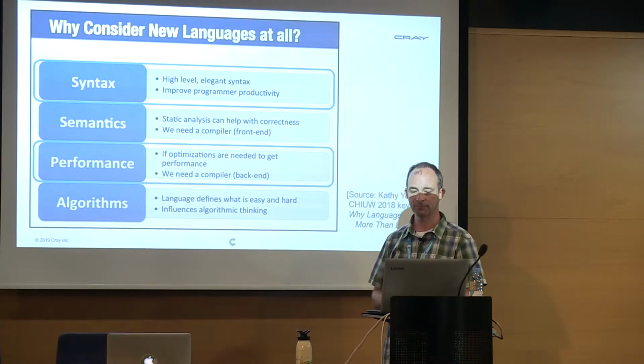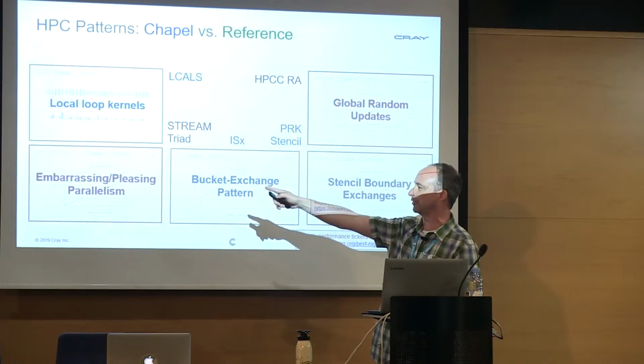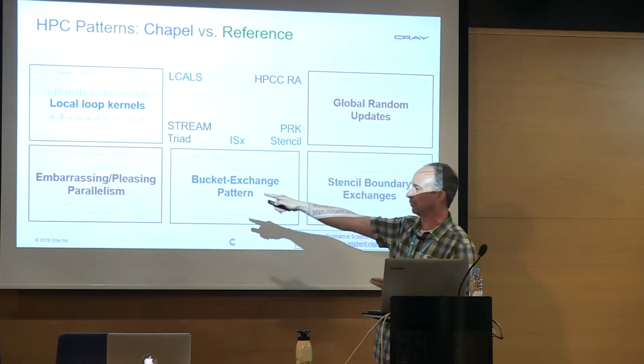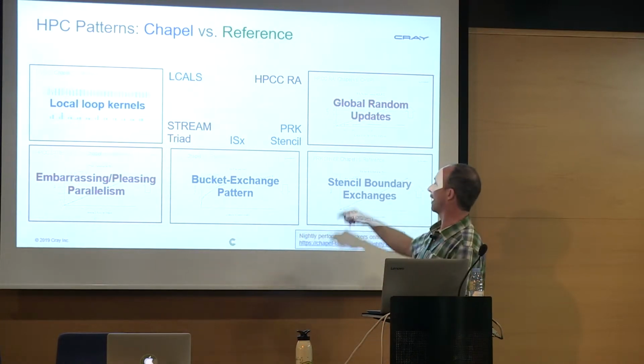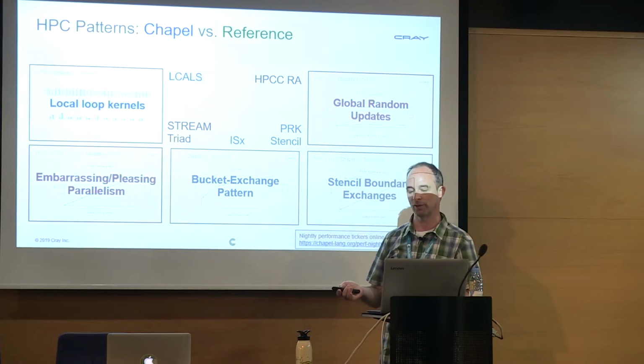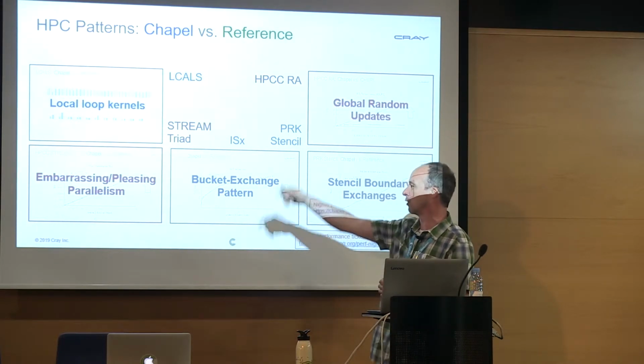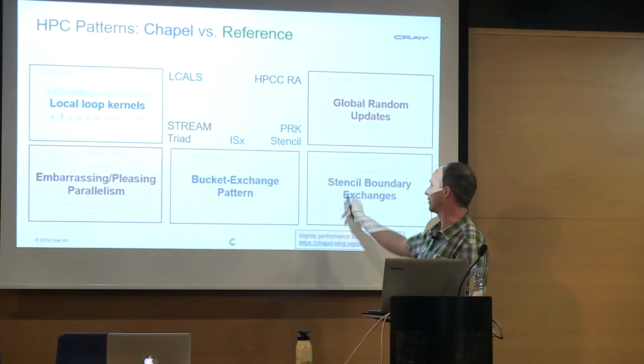Okay? So again, I've just shown you two very, very simple types of computation, embarrassingly or pleasingly parallel, stream triad, and then these global random updates. These are obviously very trivial benchmarks, but the kinds of patterns we're seeing here about short codes and performing well are things we see across a number of different computational styles, including local loops, bucket exchange patterns, stencils.